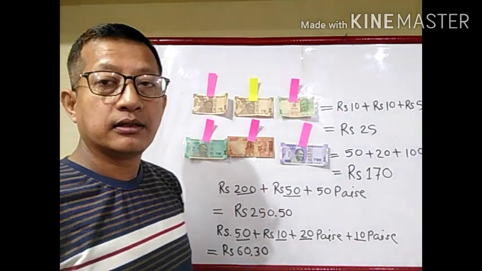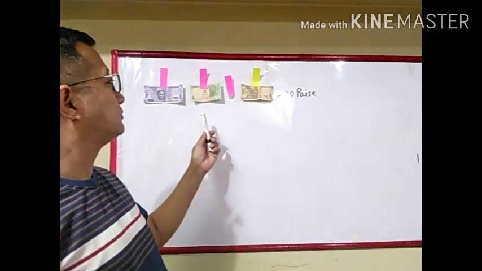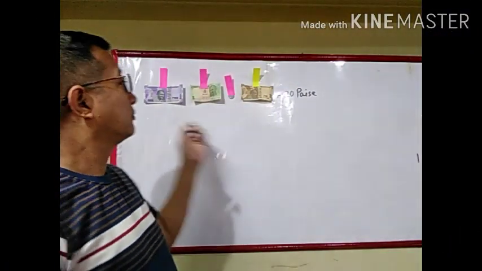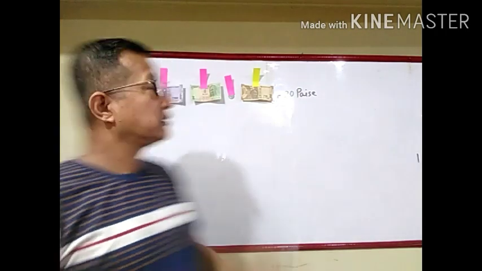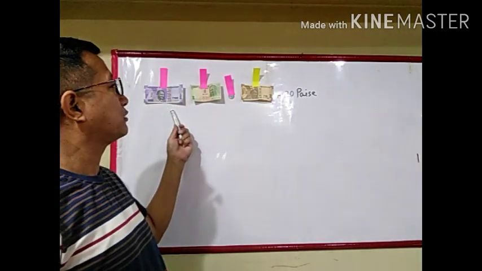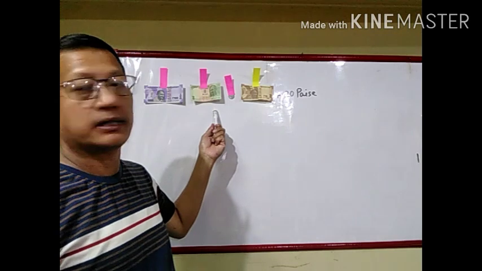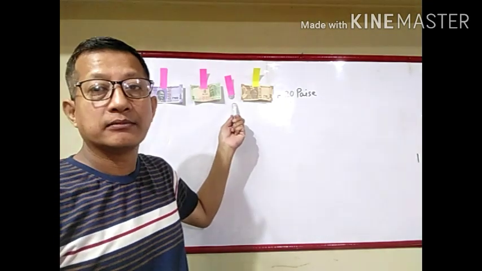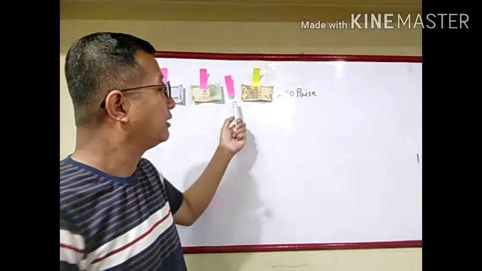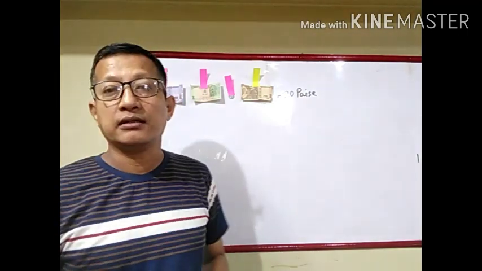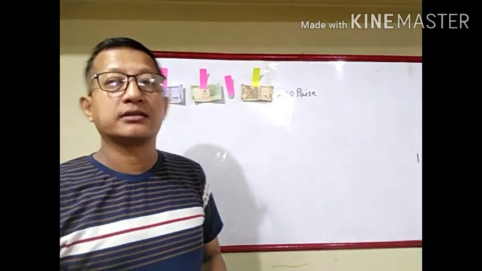Clear? All of you clear? Now here see rupees is here and pies also. So how many rupees here? 100 rupees plus 5, 105, plus 1, 106, and 106 plus 10, 116 rupees.